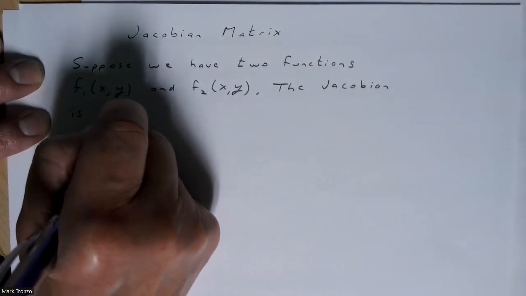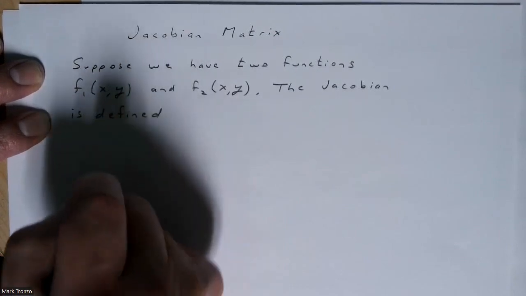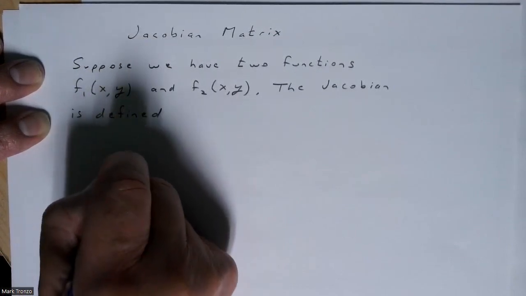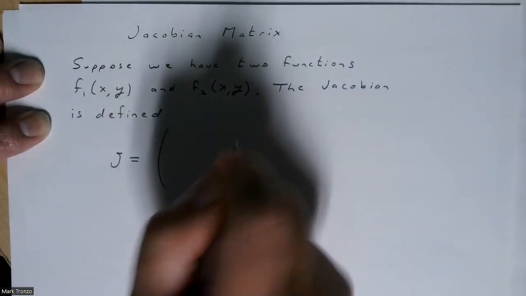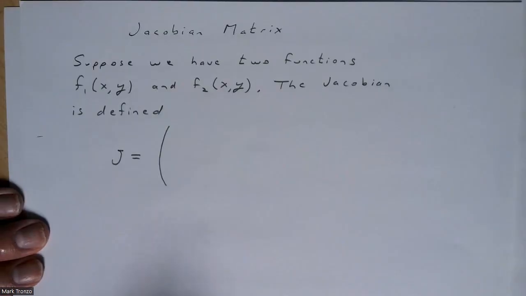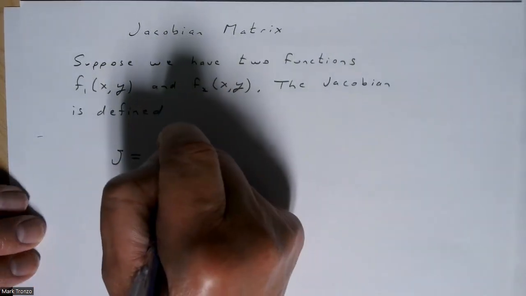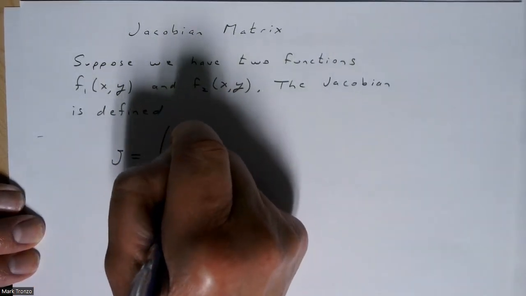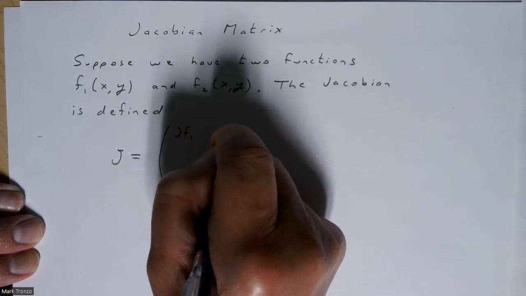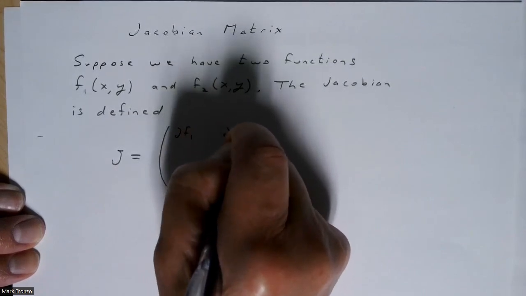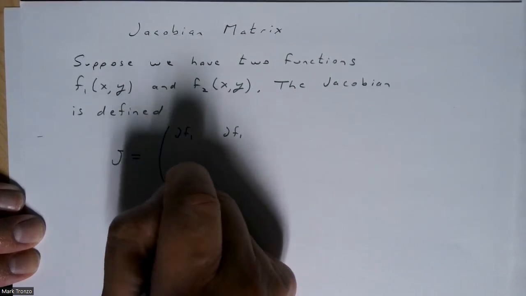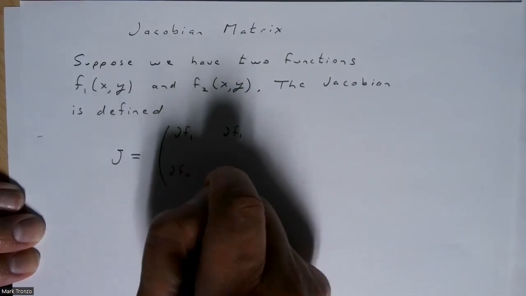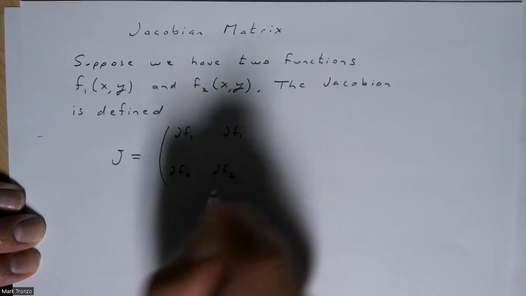is defined this way. And I'll put a J in front to indicate Jacobian, though we don't have to use this. We define the Jacobian by taking the derivative of the first function and putting it in the first row, and the derivative of the second function in the second row.